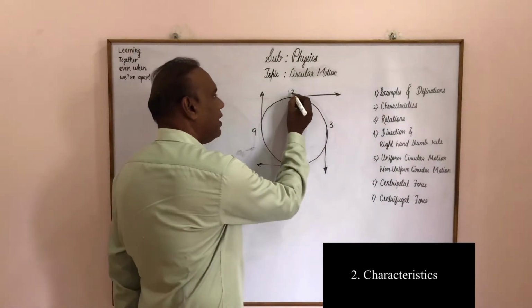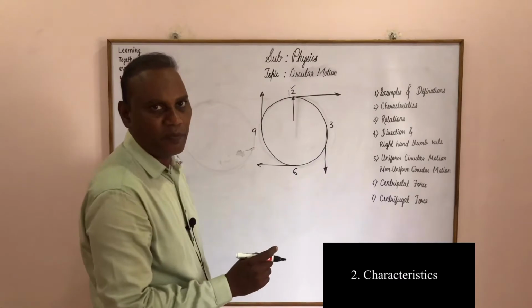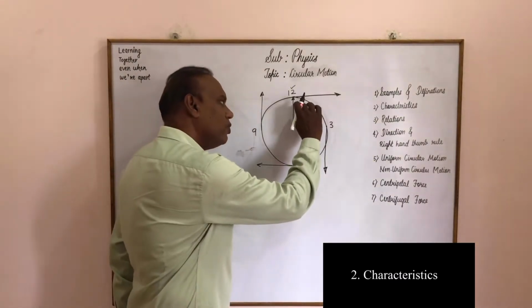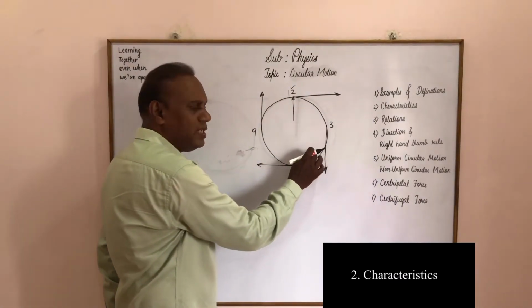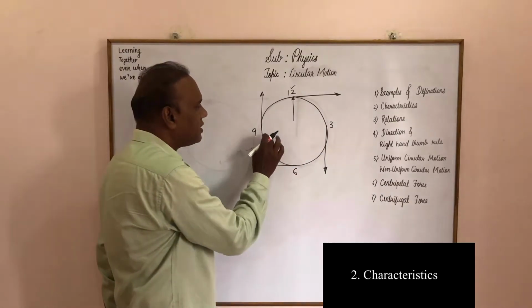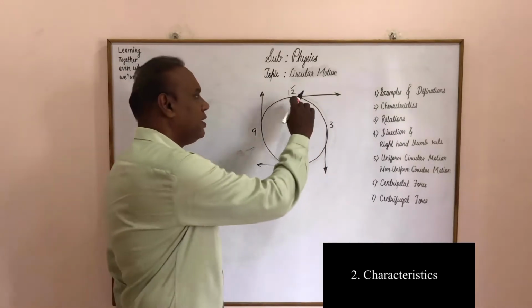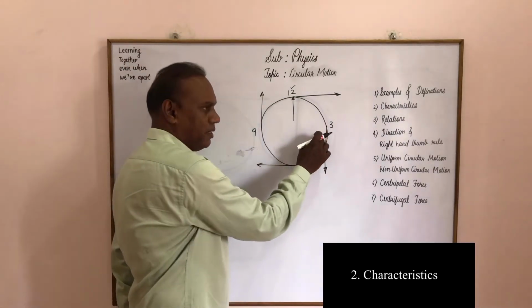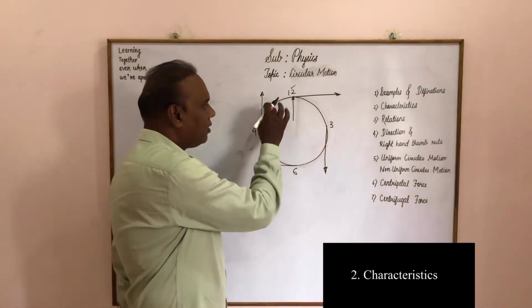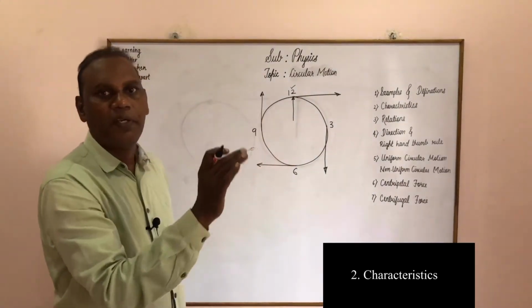When the tip is at position 12, then it moves along the circumference of a circle and completes one revolution. After completion, it repeats the same trajectory after equal intervals of time.